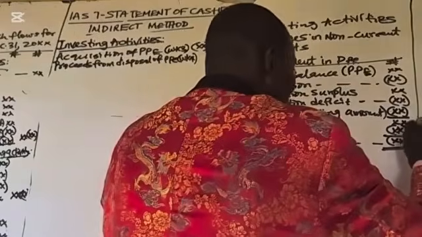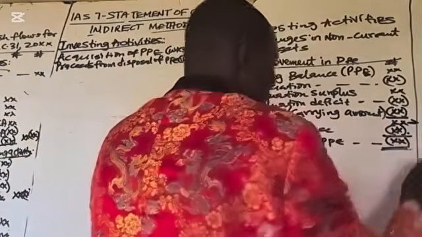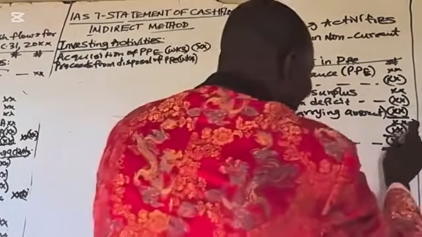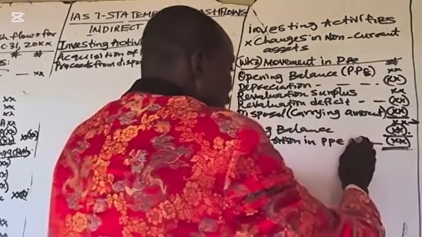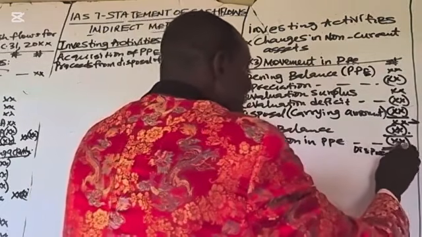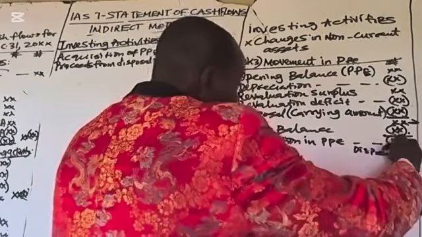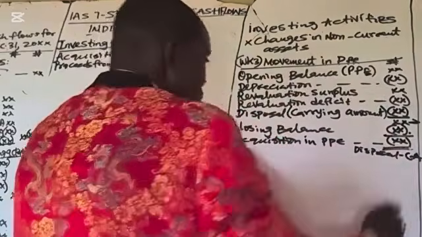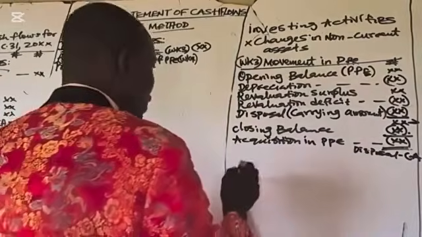The difference will represent the disposal of PPE, which is the carrying amount of PPE disposed. That is what you will get from this movement in PPE. Then from the carrying amount, you now use it to calculate the proceeds from disposal.